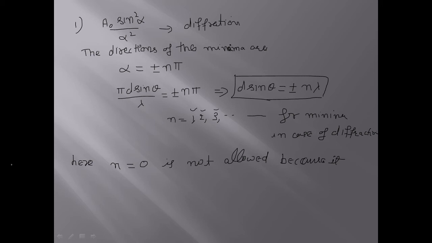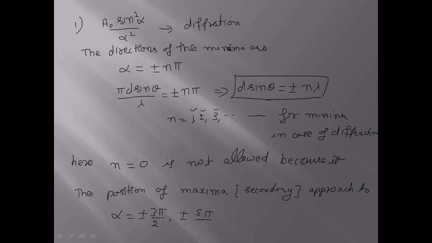And the position of the maxima, or we can say secondary maxima, from this diffraction term approaches for the values alpha is plus minus 3 pi by 2, plus minus 5 pi by 2, plus minus 7 pi by 2 and so on.